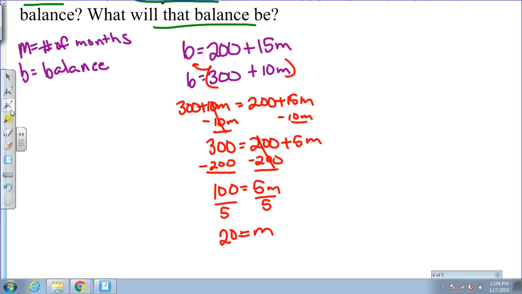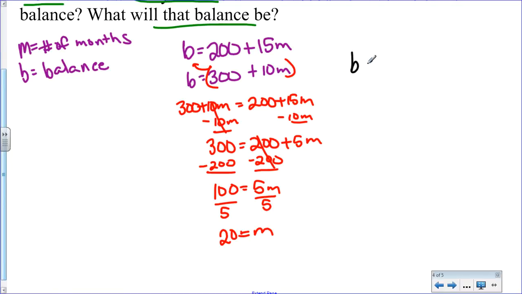Let's plug those 20 months back into one of the equations and figure out what our balance will be after 20 months. So if I start with $200 and I add 15 a month for a total of 20 months, I can calculate my total balance. Okay, so still have that 200. We'll be adding a total of $300.